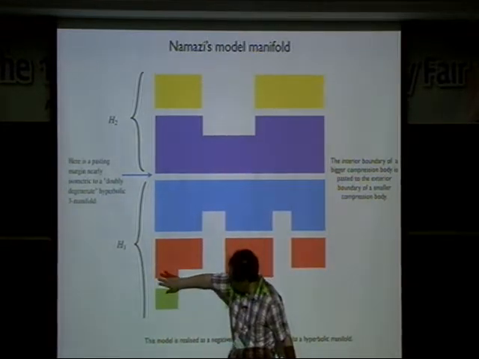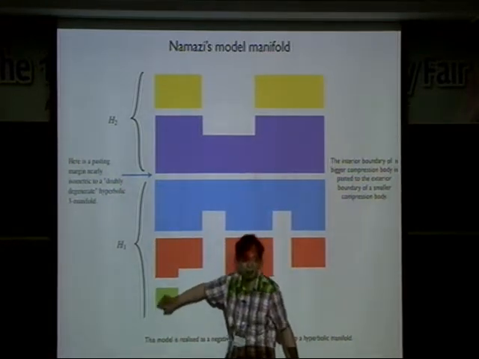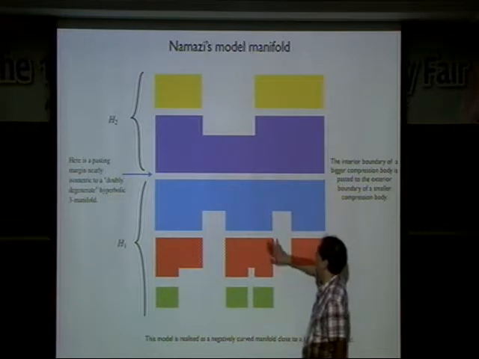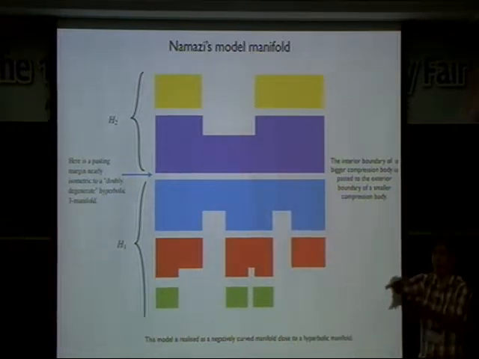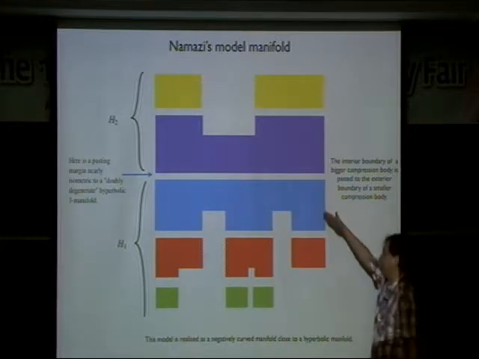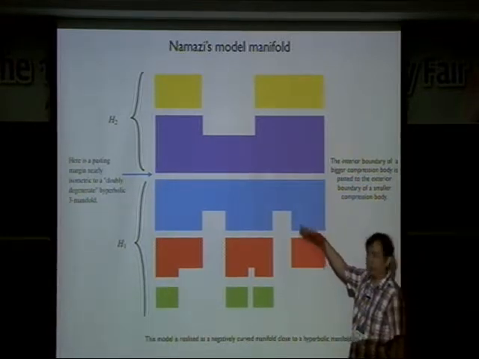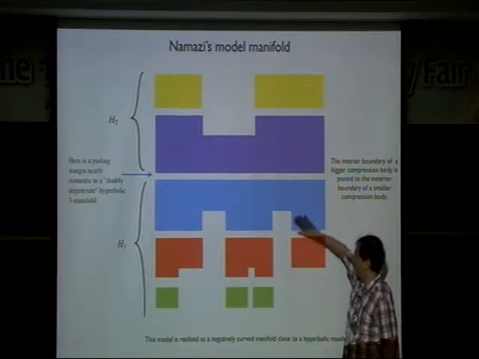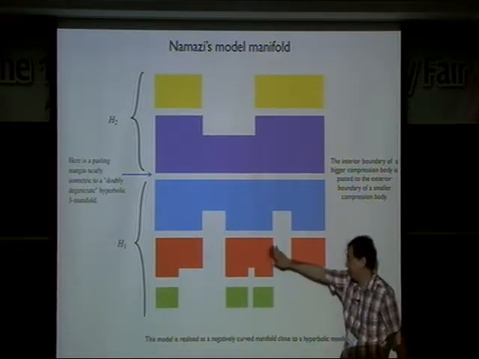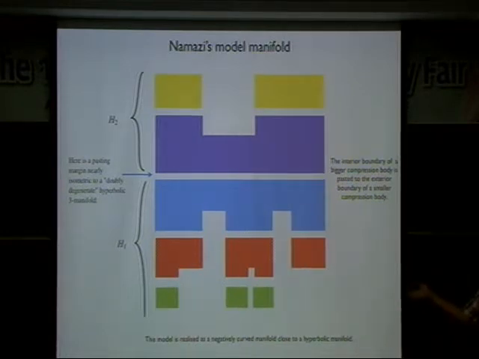In this case, you assume that this is a handle body and there's nothing left there. So it is a finite sequence of compression bodies pasted together, and what you get is a handle body, because every interior boundary is killed by attaching the piece below it.